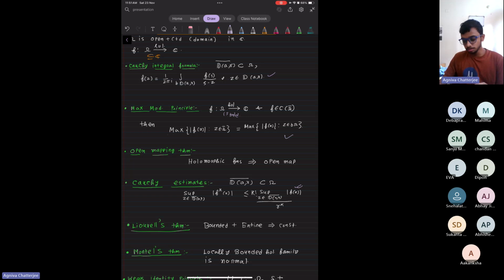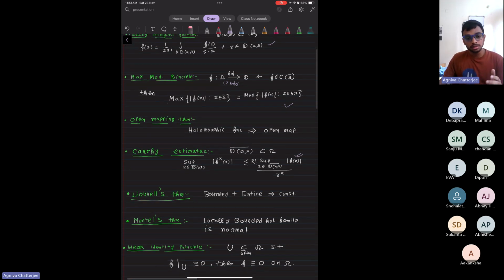So that's Montel's theorem. The weak identity principle says that if a holomorphic function vanishes on an open set, then the function is identically zero on omega. This is in fact a property of any complex analytic function or any real analytic function.